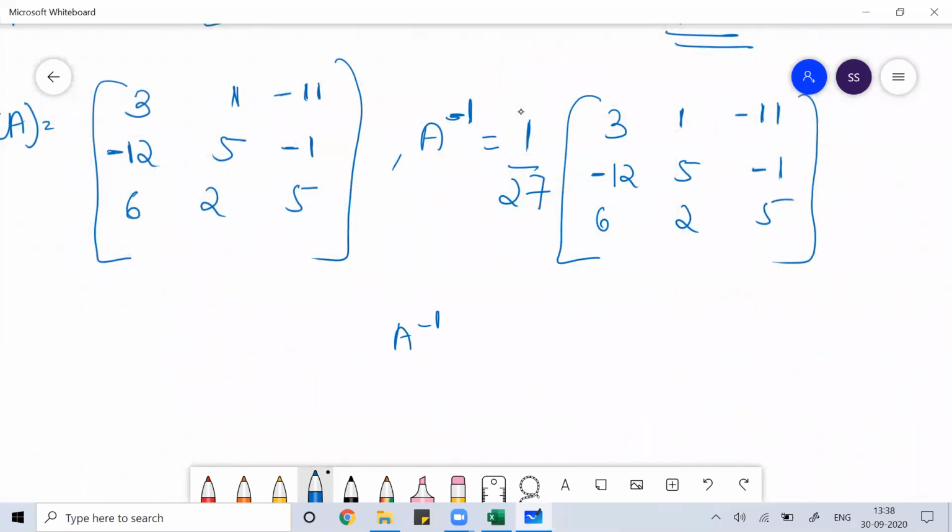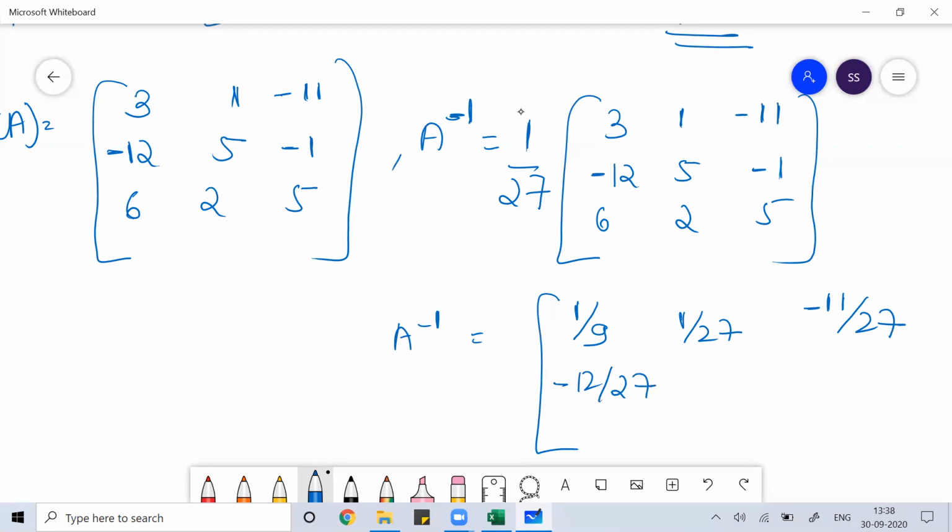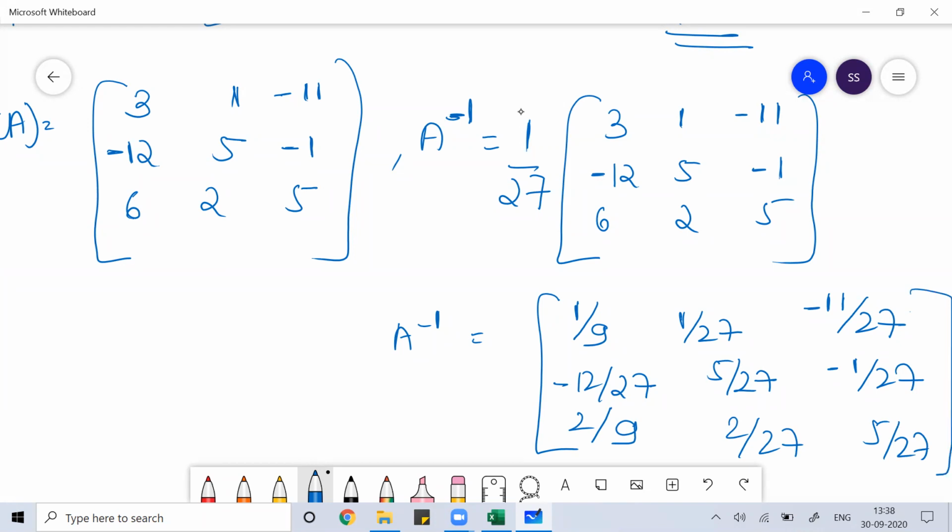The inverse of A is basically 3 divided by 27, which is 1 by 9, 1 by 27, minus 11 by 27, then minus 12 by 27, and 5 by 27, then minus 1 by 27, and 6 by 27, which is 2 by 9, then 2 by 27, and 5 by 27. This is the inverse of the matrix.